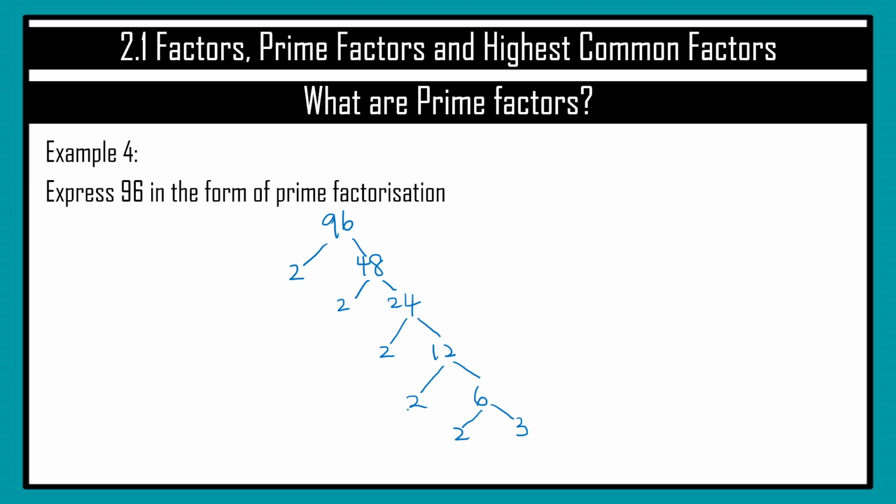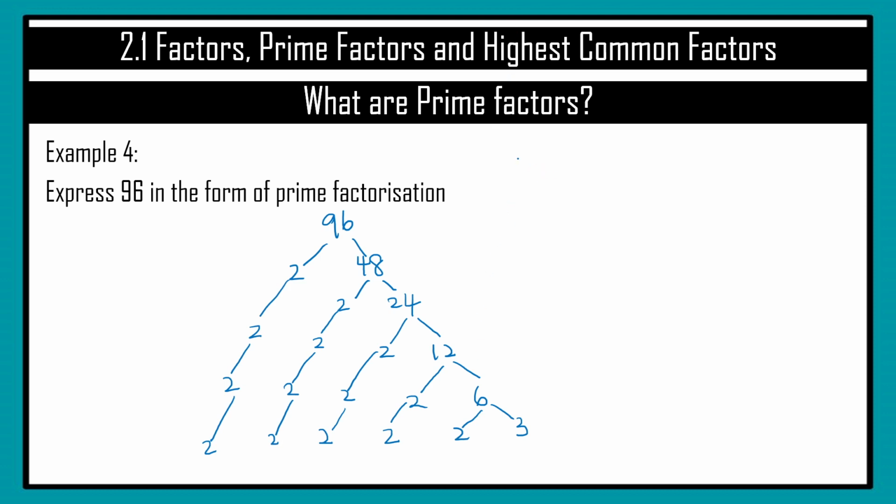So let's bring 2 down, all the other 2's, so that they are in the same level as the last number that we got, so that we can have a balance that looks like a Christmas tree.